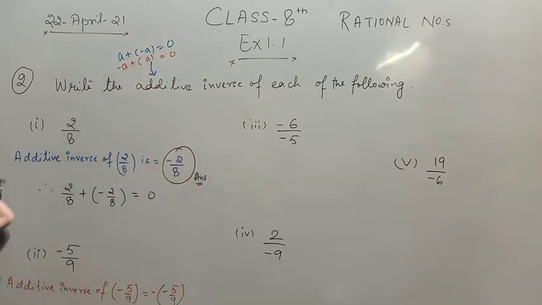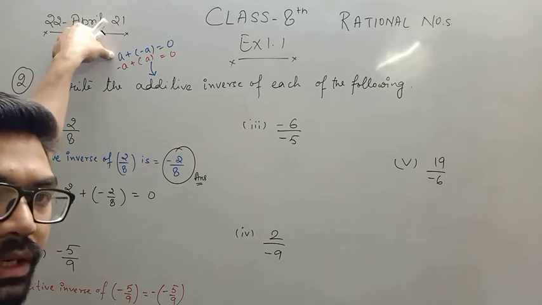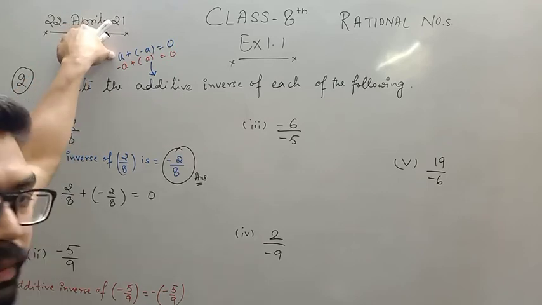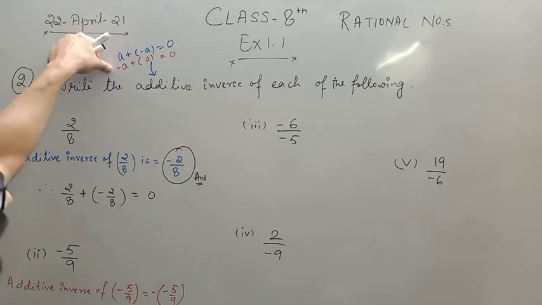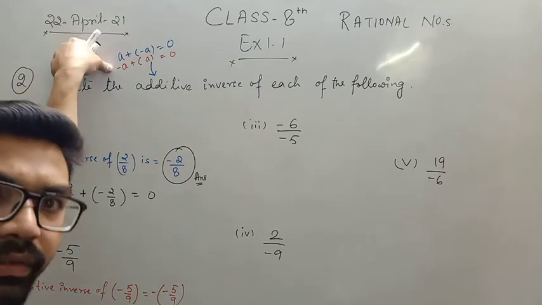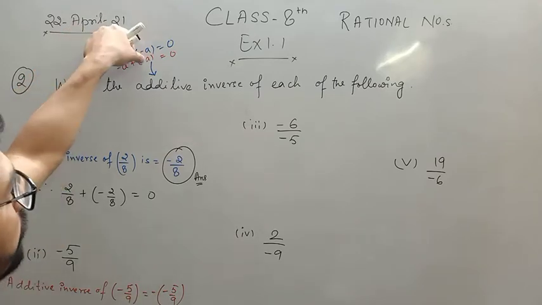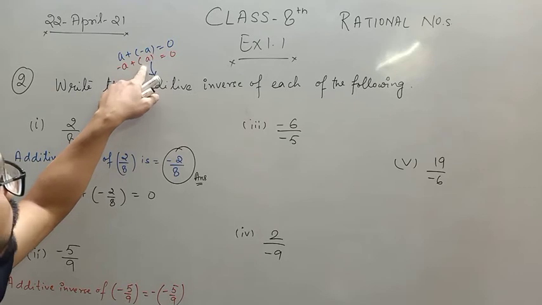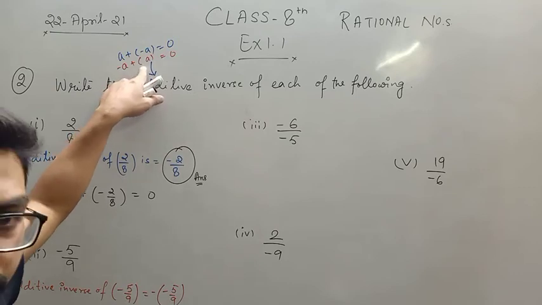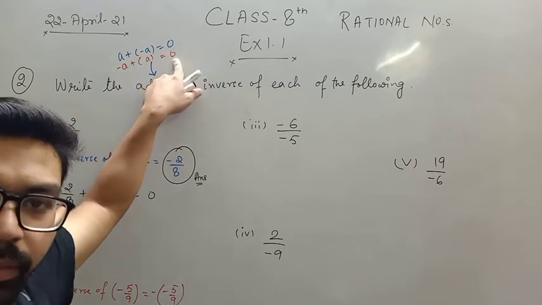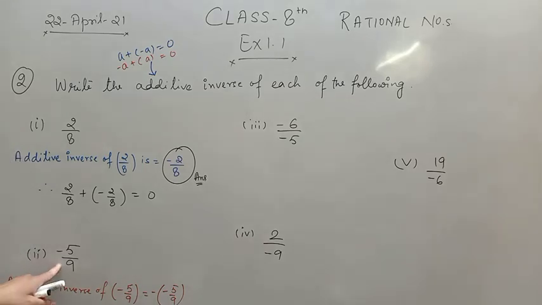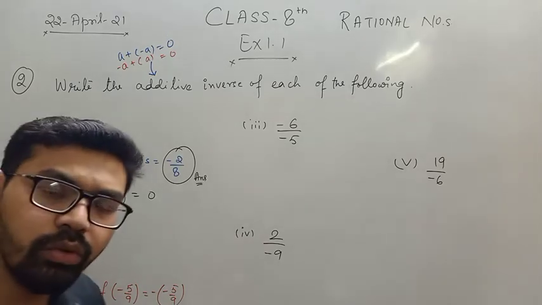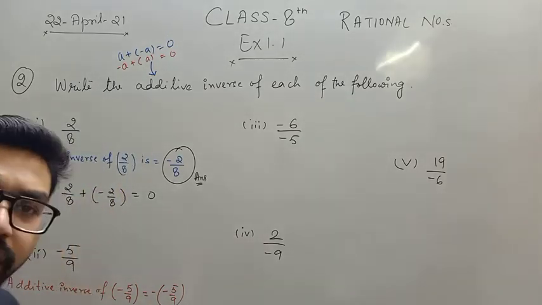Okay? If you have a positive number, what will be its additive inverse? Minus A. And if you already have a negative number, its additive inverse will be positive. So that when I add minus A with plus A, the result will be equal to 0. Similarly, I have minus A, so what number do I need to add with this so that I'll get a result 0?